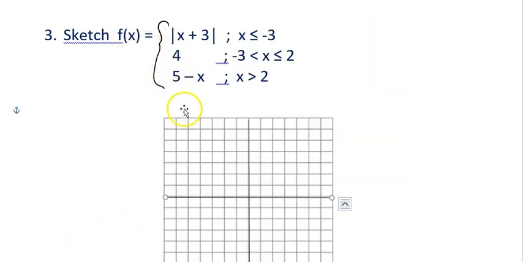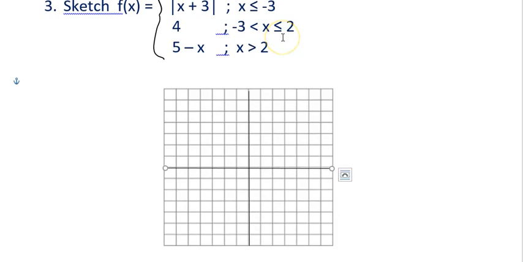For example 3, we're just going to be sketching, and notice this one has 3 pieces. You have things before negative 3, things between negative 3 and positive 2, and then things to the right of positive 2. So before I start sketching, I'm going to highlight. I have things before negative 3, so I'm going to go to negative 3 and highlight before that.